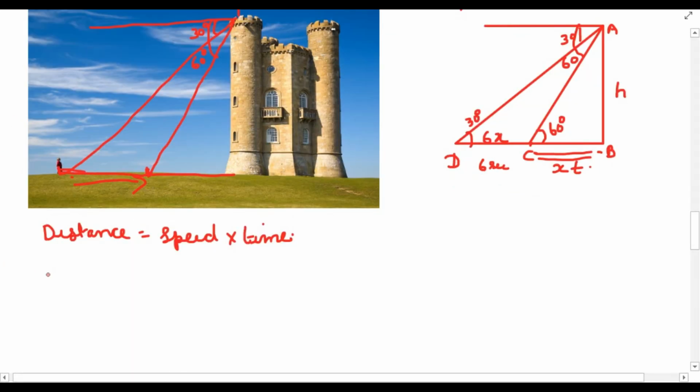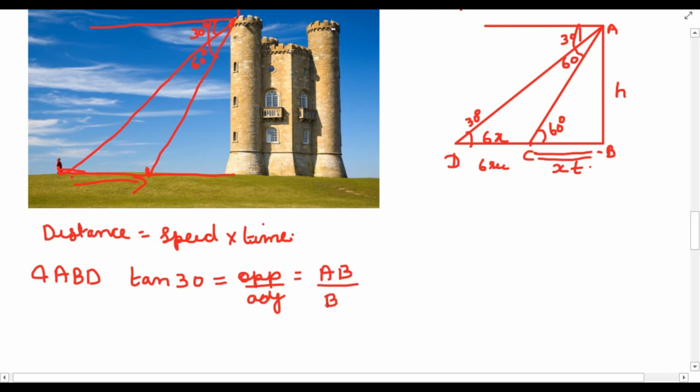First we will take triangle ABD. In triangle ABD, tan 30 is equal to opposite side by adjacent side. Opposite side is AB, adjacent side is BD.